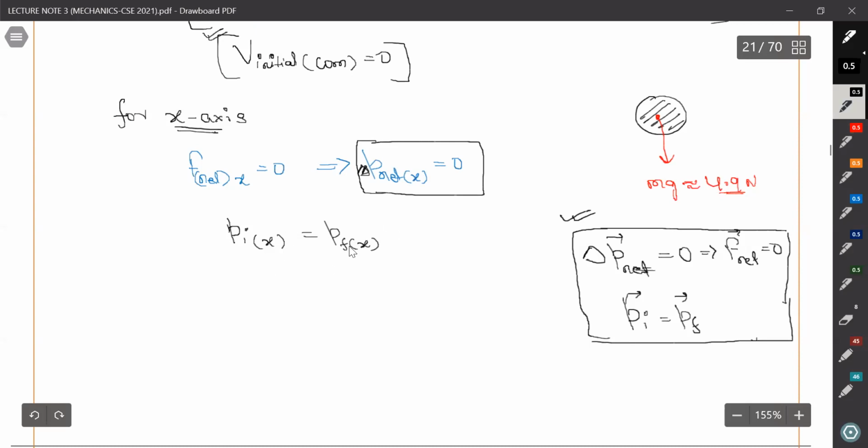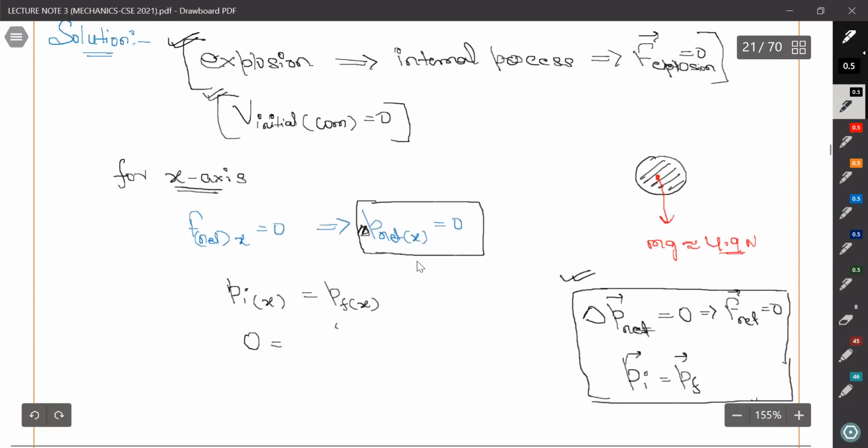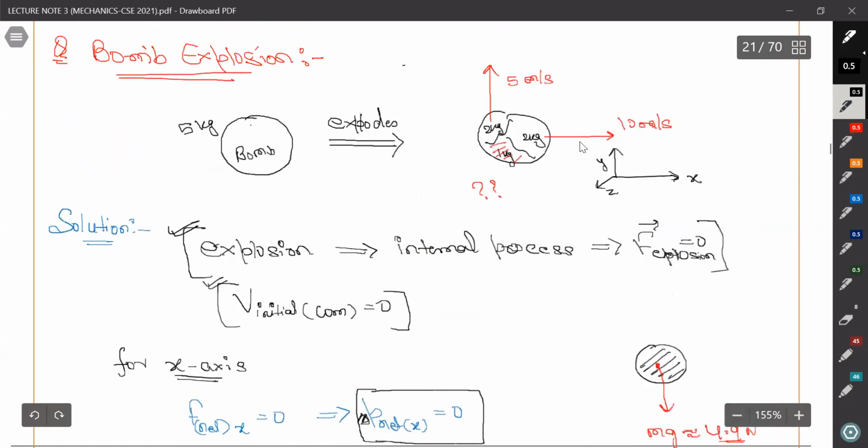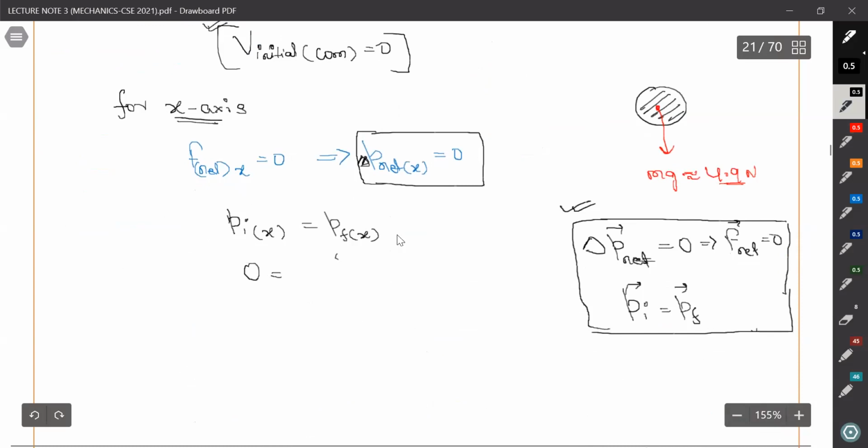So we can write Pix is 0. And what is Pfx? We have three objects. So this is 2 into 10 i cap, this is 0, and this is 1. So 2 into 10 i cap plus 0 plus 1 into Vx.